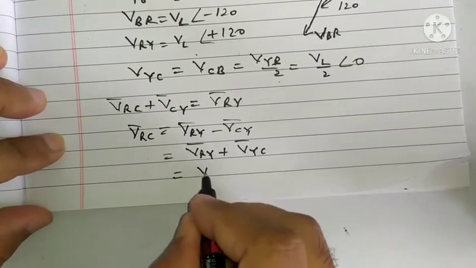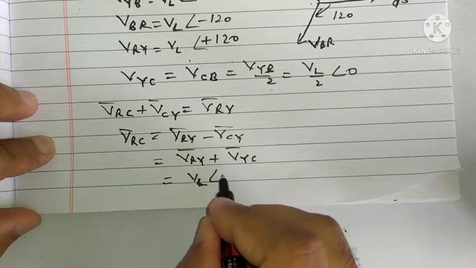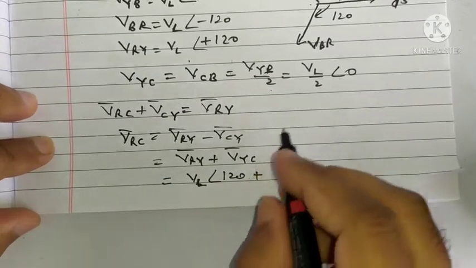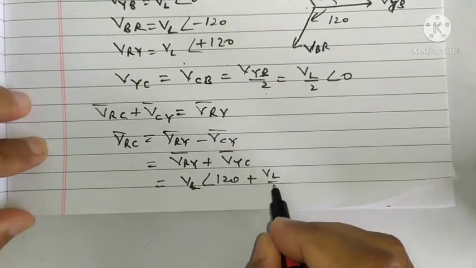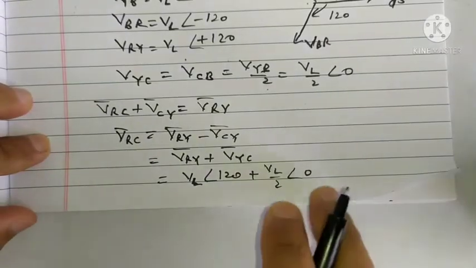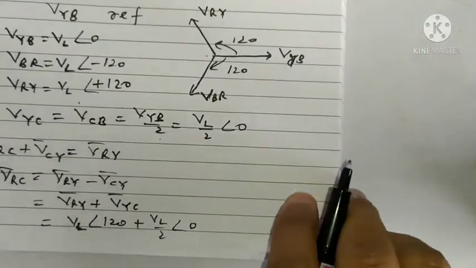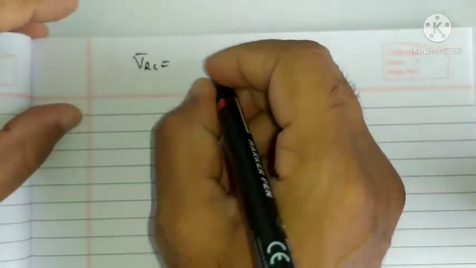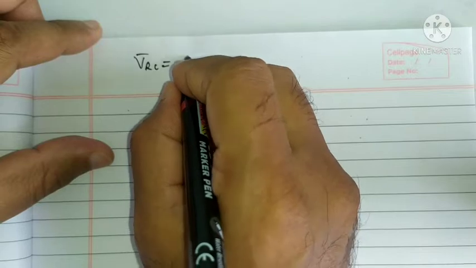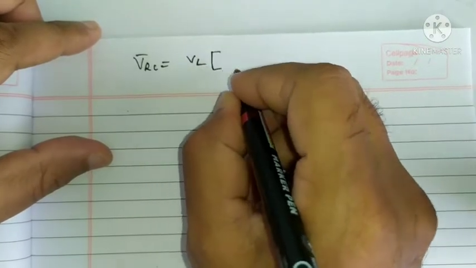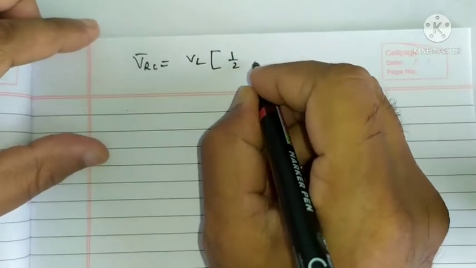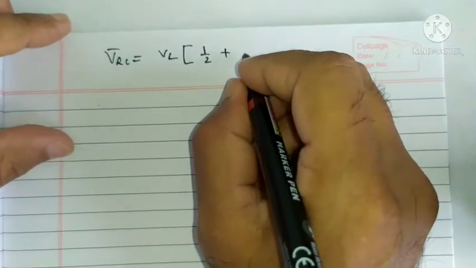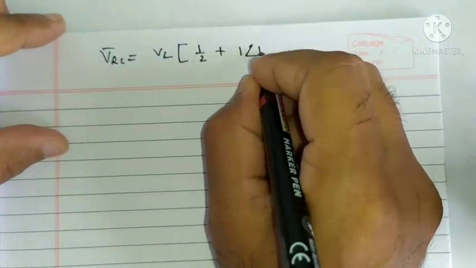What is it? It is VL at an angle of 120 plus VYC is VL by 2 at an angle of 0. So this will be simplified as VRC will be VL, I can take here, half plus 1 angle 120.